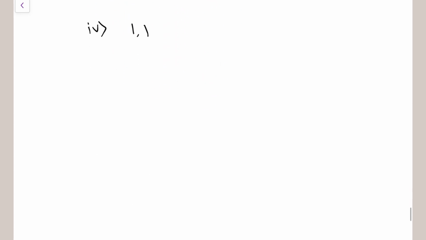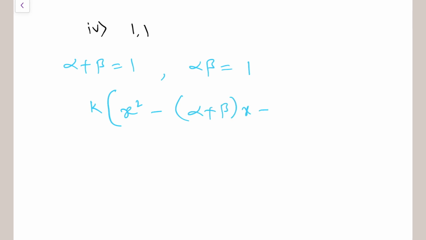Coming to the next, 1 comma 1. Alpha plus beta value is given as the first number 1. Alpha into beta is also 1 only. So let us take the formula first. K into x square minus alpha plus beta into x plus alpha beta.